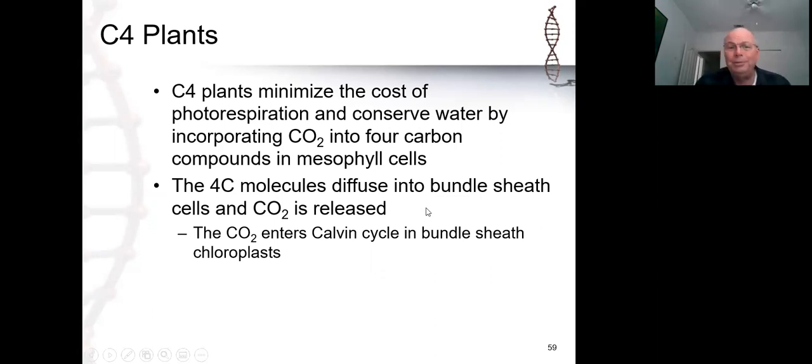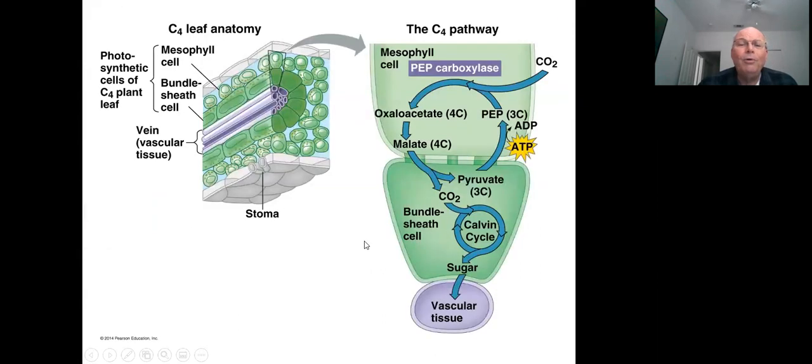Here, a 4-carbon molecule is the first carbon-containing molecule that we identify. It also involves not only a modification of the chemistry, but a modification of the structure of the leaf.